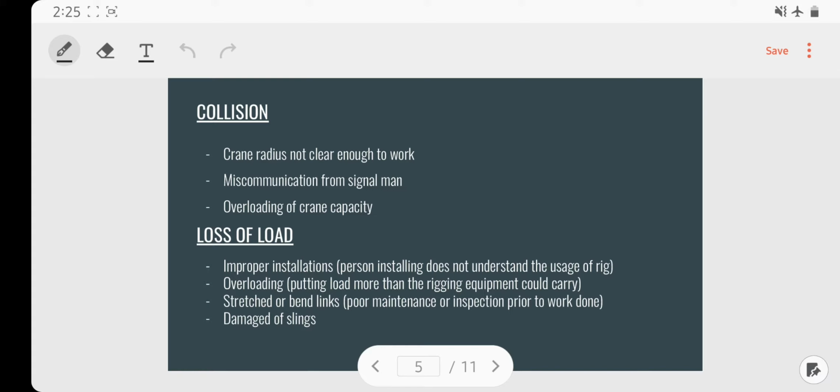Okay, the next factor is loss of load. Loss of load is basically when the materials or the objects being carried are dropped or falling from the rig and the bracing during lifting. So this factor is actually caused by improper installation of rig.